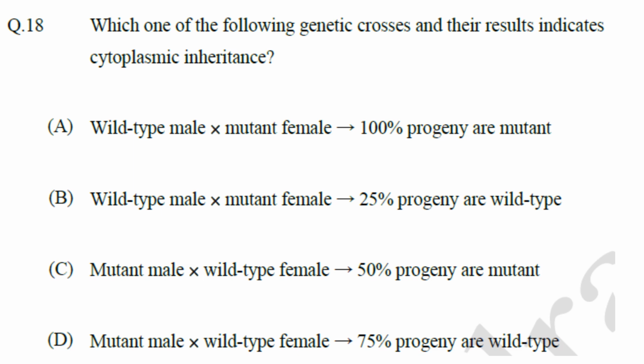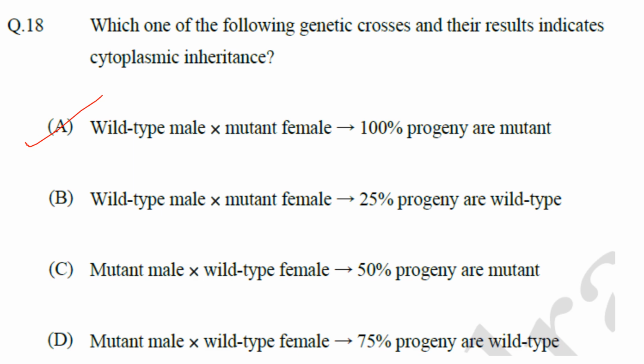Now in this we will see. Wild type male with mutant female, 100% progeny are mutant. So female is mutant, progeny are mutant. So naturally it must be cytoplasmic inheritance. That is because the mutated female transmits the mutated cytoplasmic DNA to all the offspring, and it doesn't take the male genotype into consideration. So A is an example of cytoplasmic inheritance.